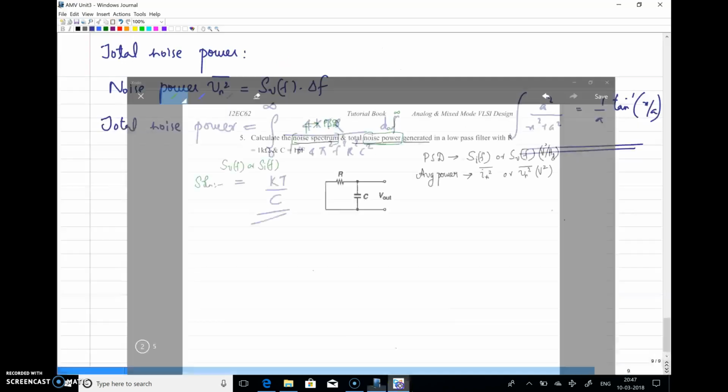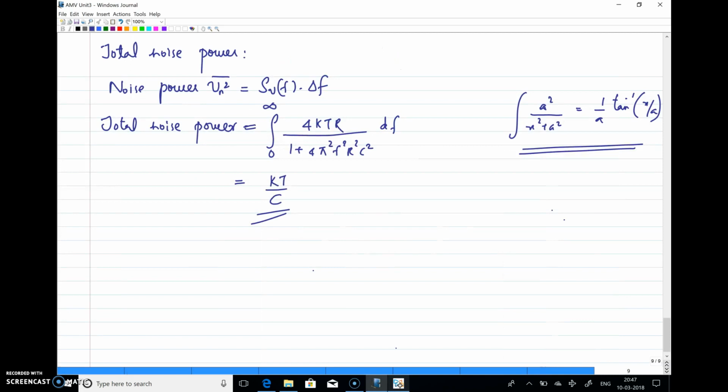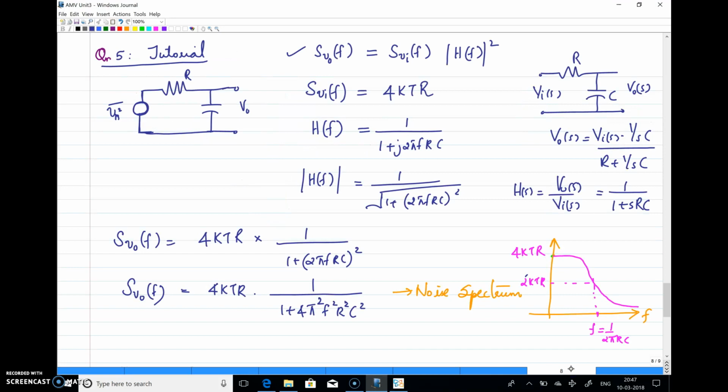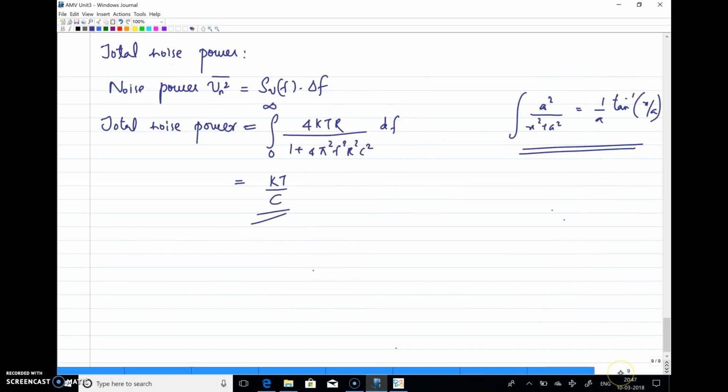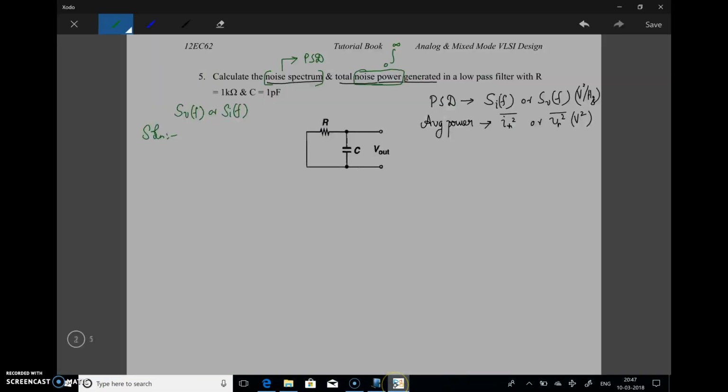Now you can substitute the values: k is the Boltzmann constant, T is room temperature, and C is the capacitance value, to obtain the kT by C noise. So that is your fifth question.